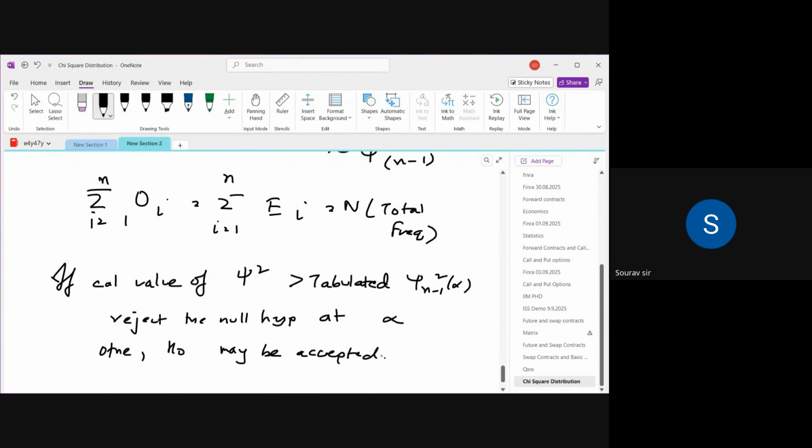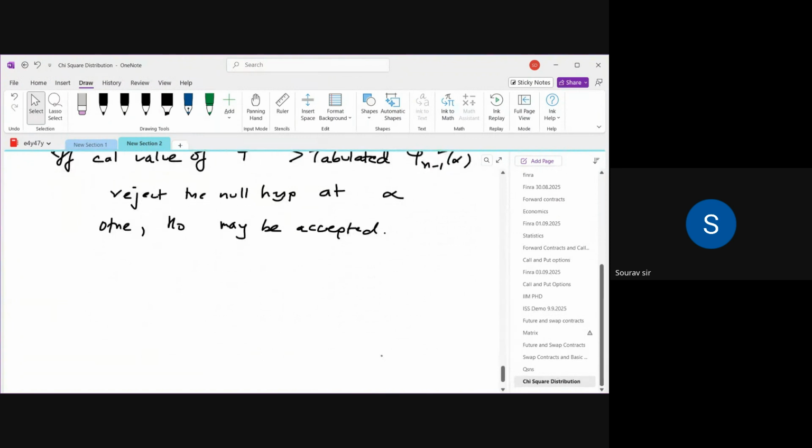So for practical purposes, a convenient formula is this; write it down. Summation of i equals 1 to n of (O_i minus E_i) squared by E_i, which is summation of O_i squared by E_i plus E_i minus 2 O_i. That equals summation of O_i squared by E_i plus summation of E_i minus 2 summation of O_i.